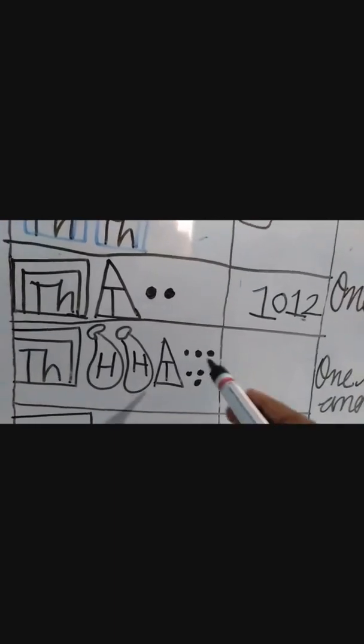Okay. Are you looking at units, students? Yes. Tens? Yes. Hundreds? Yes. Thousands? Yes. Okay, now we'll count. How many units are there? 1, 2, 3, 4, 5, 6, 7. There are 7 units. How many tens are here? Only one tens symbol, so we'll write 1.